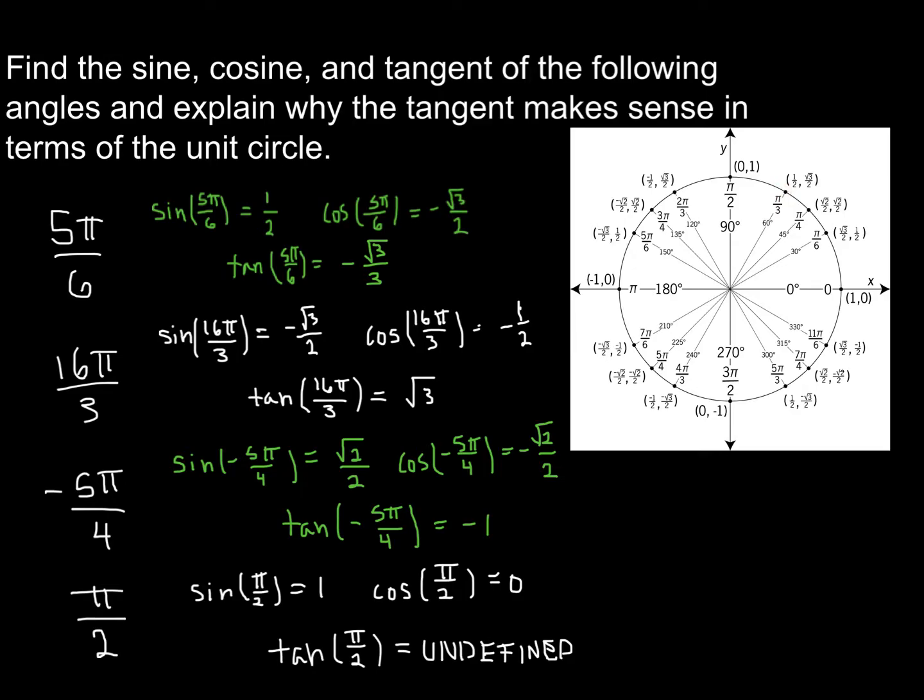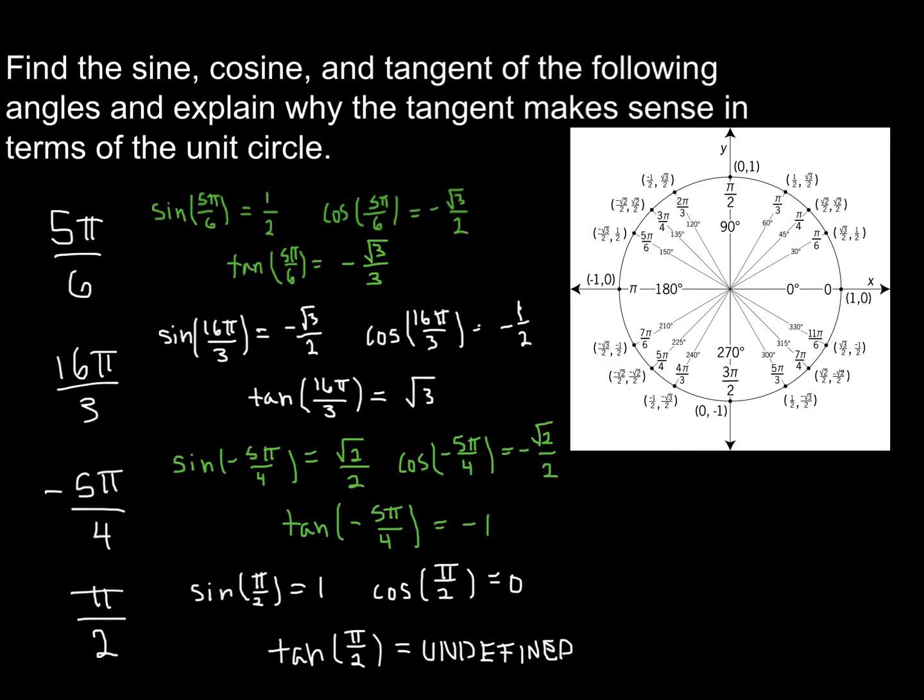In other words, if I'm in this quadrant here, I'm noticing that all of these terminal sides have a positive slope. So if I were looking for the tangent of pi over 4, I should be expecting a positive number. Similarly, in the second quadrant, all of these lines have a negative slope, and so I should be expecting a negative number.